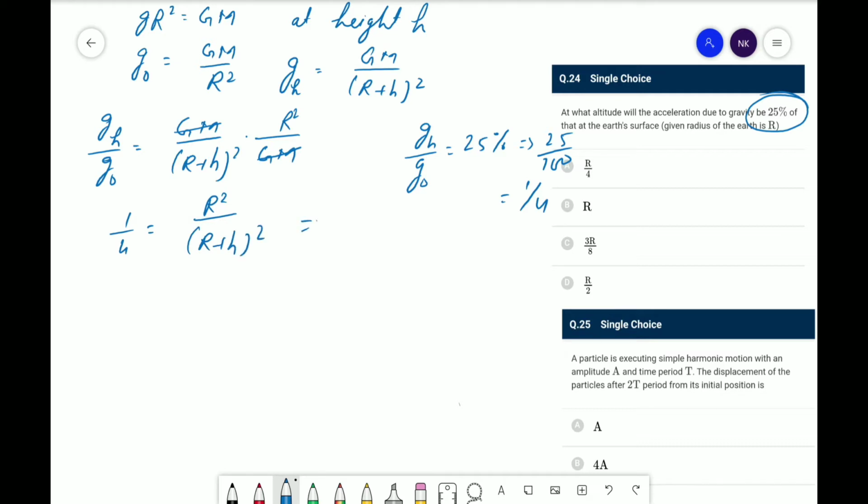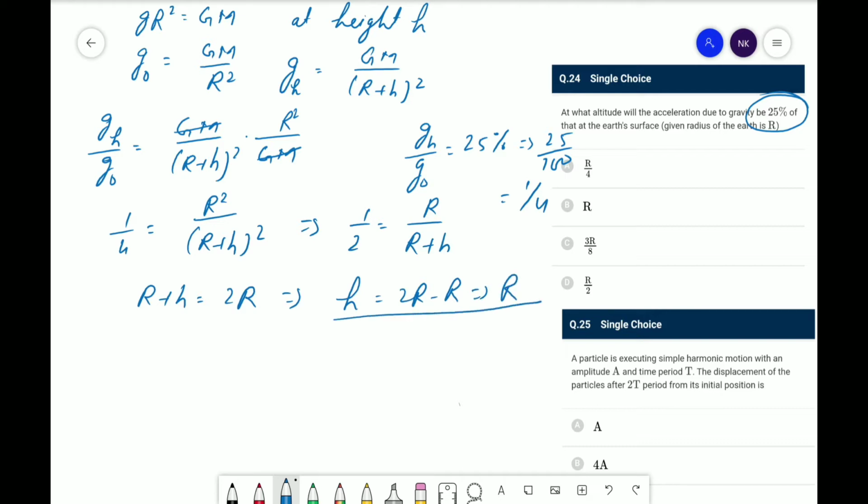Now taking square root both sides, we will get 1 upon 2 is equal to R upon R plus h. Cross multiply, we will get R plus h is equal to 2R. Hence h is equal to 2R minus R, therefore R. Hence the value of h, meaning altitude, is R.